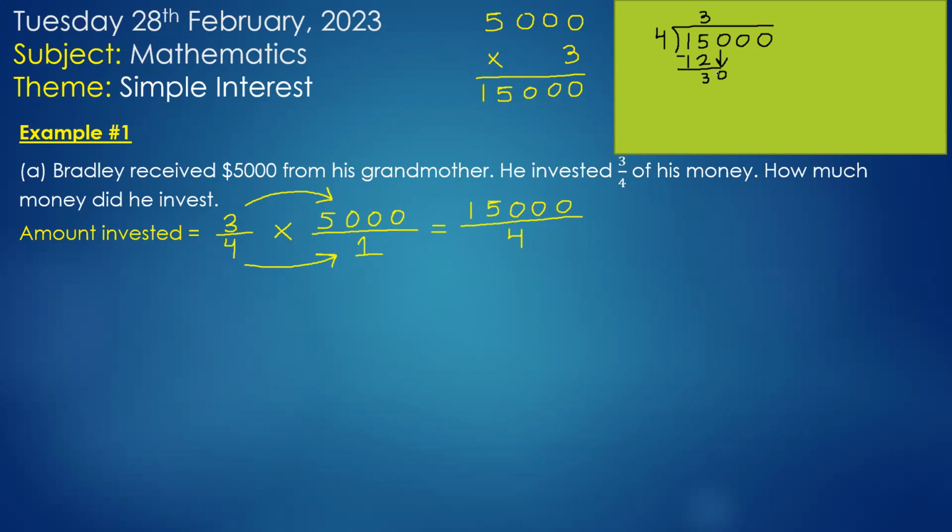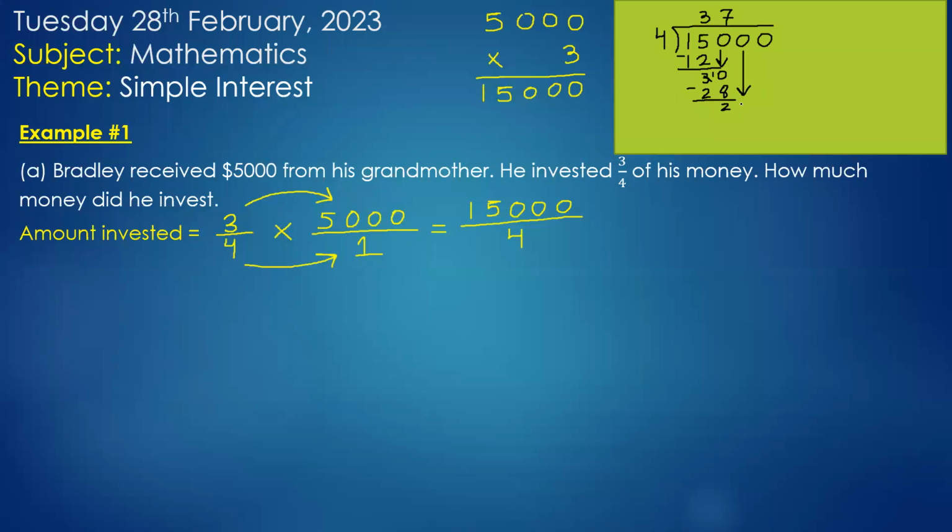How many times does 4 go into 30? 7 times. 4 times 7 is 28. And 30 minus 28 is 2. Bring down the 0.